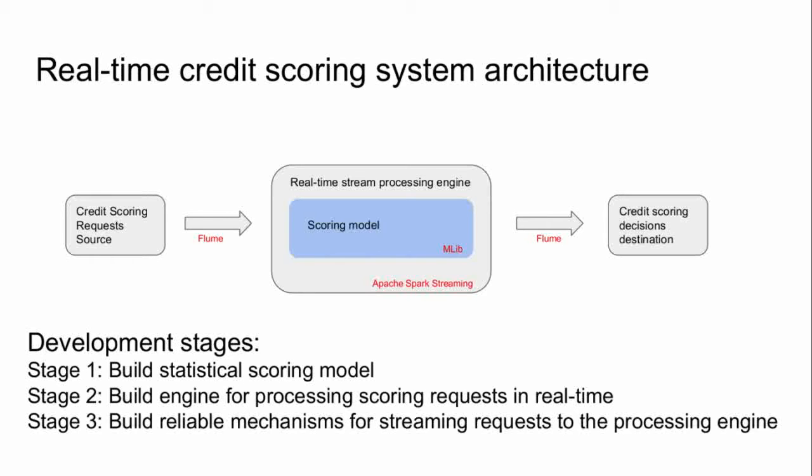Before we actually develop the code to handle streaming and processing requests, the first thing we need to do is to teach our system to autonomously assess the creditworthiness of users. To achieve this, we will use the machine learning library provided by Apache Spark and train a supervised learning classifier algorithm using a publicly available credit scoring dataset.